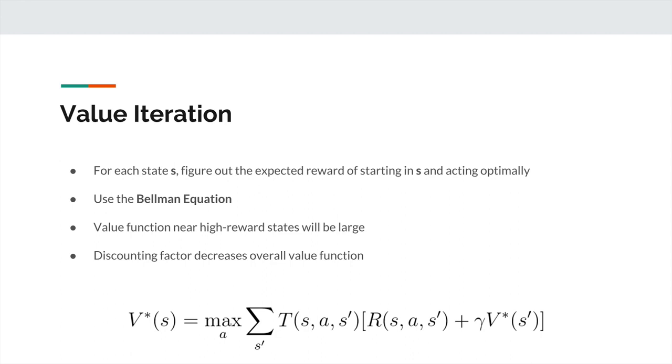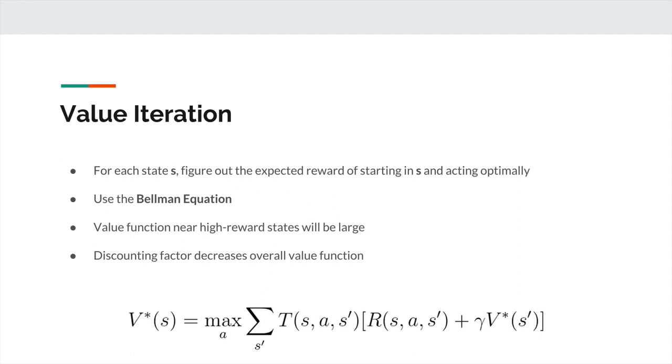Now notice we have a discounting factor here, and that's gamma, and this discounting factor represents, if it's between 0 and 1, a decrease of the overall value function.